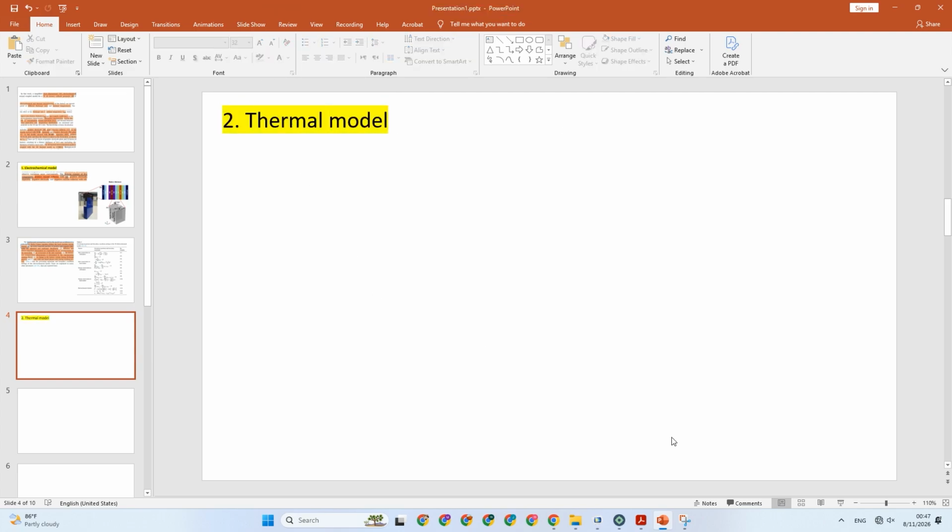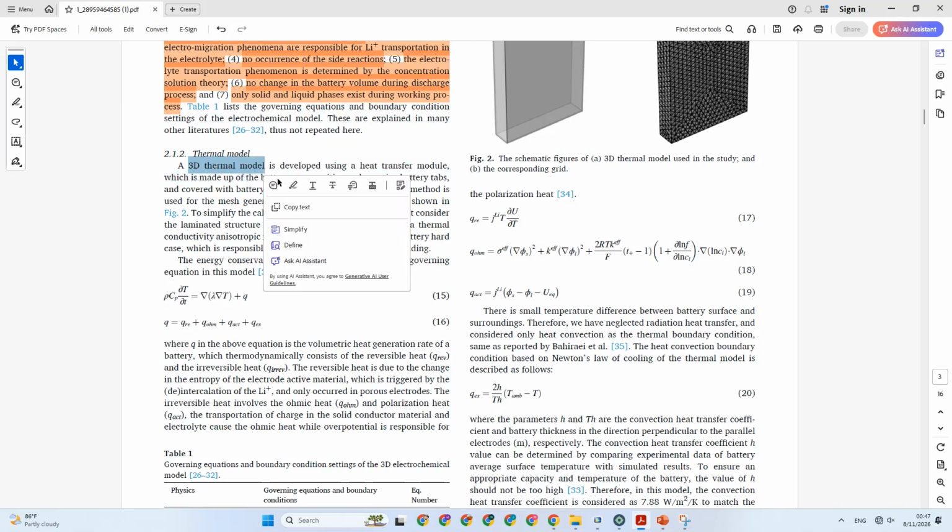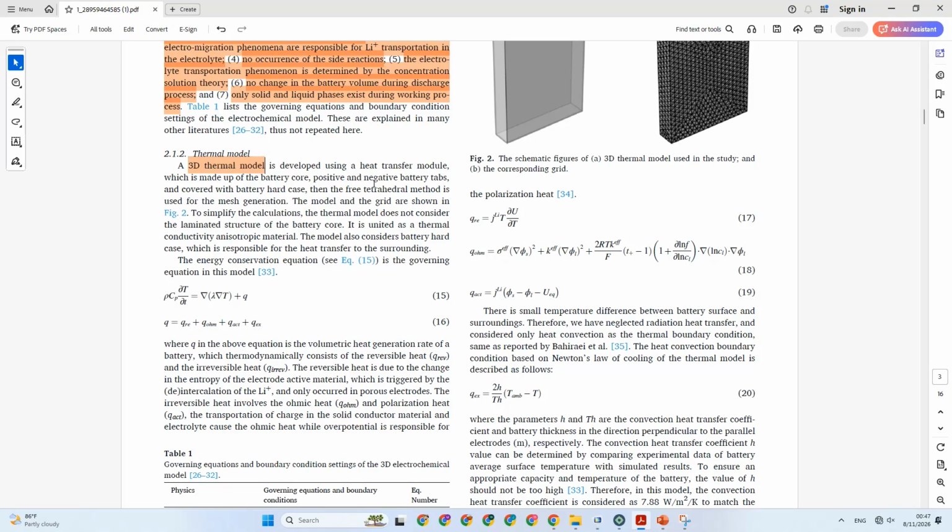Okay. Here, a 3D thermal model is developed. This is also 3D, I just highlight this, using a heat transfer module. Okay, very good.